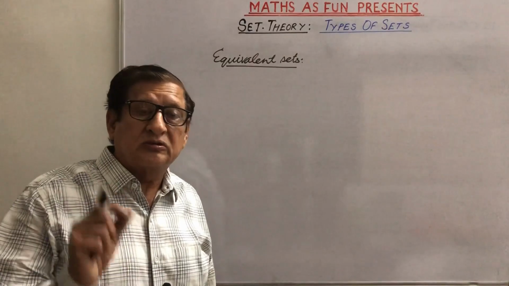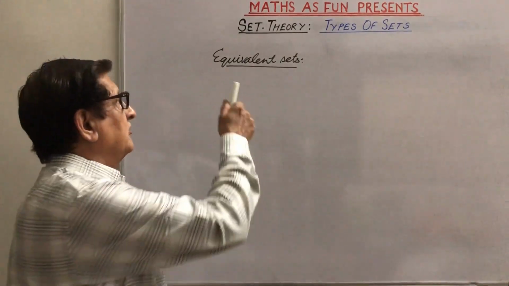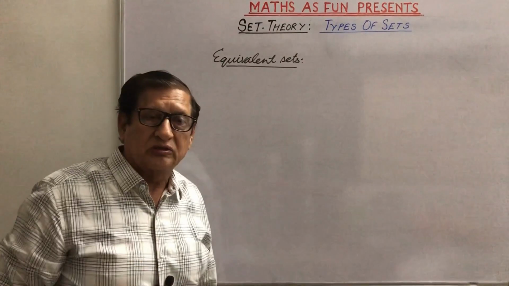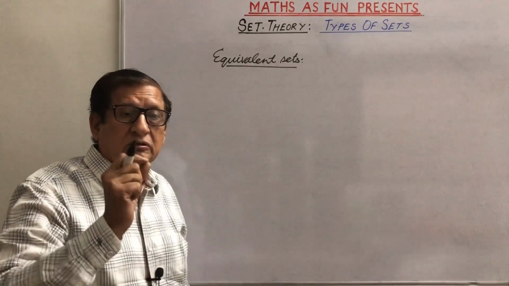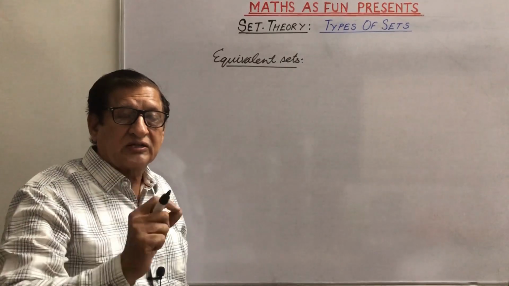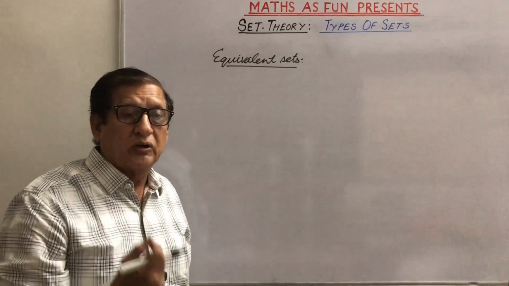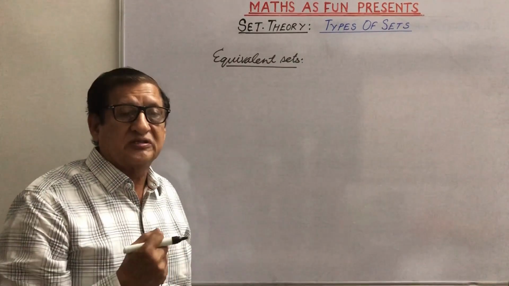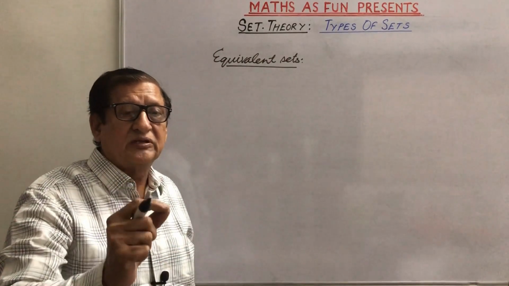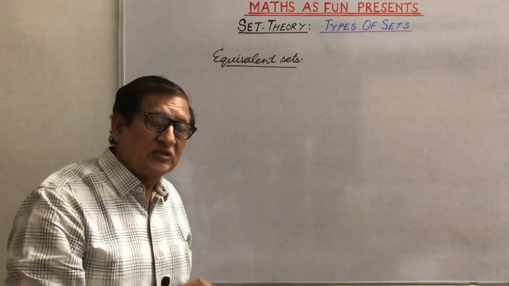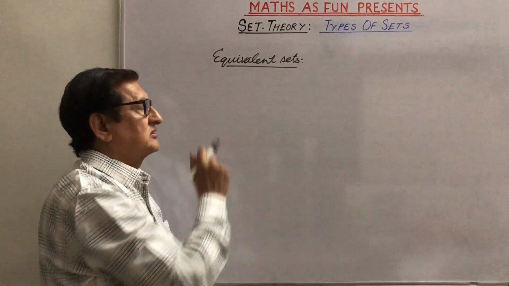After learning about the types of sets, we learn about equivalent sets and equal sets. What are equivalent sets? Any sets having equal number of elements, elements may not be same, elements may be different, but number of elements are equal in them, then we say that they are equivalent sets.